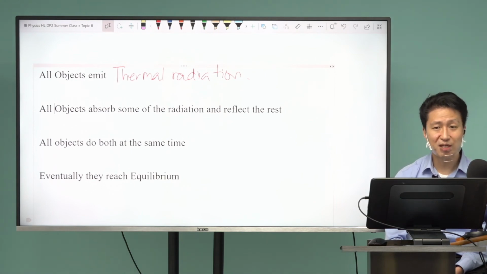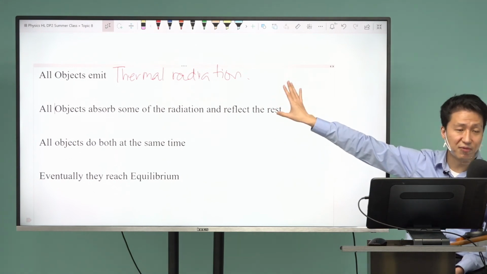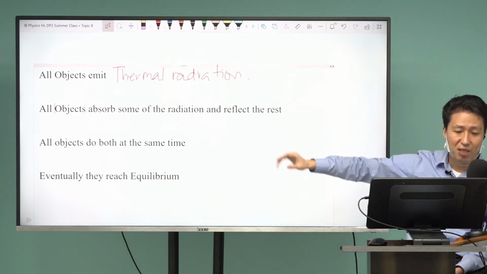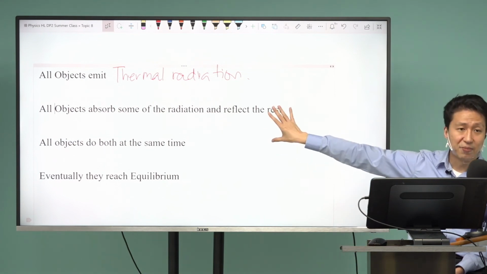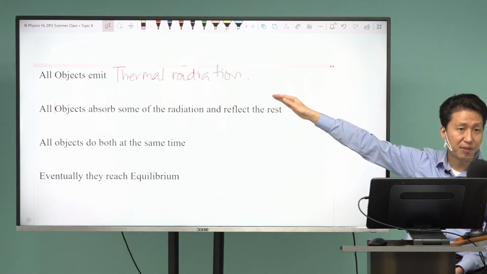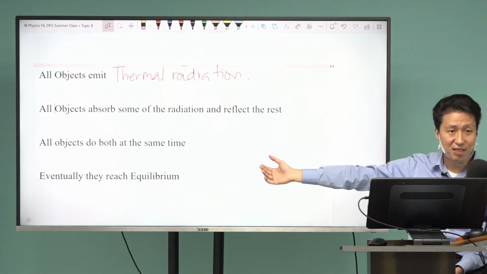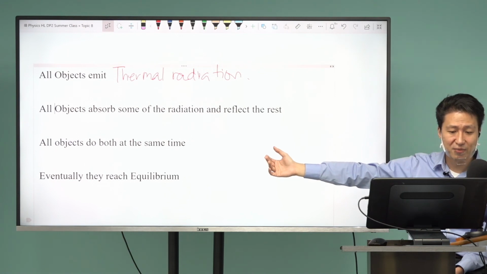They absorb everything except green, which it reflects. That's why they look green. So all objects absorb some of it and reflect some of it, and they do both at the same time, which is the third part. They're always absorbing and reflecting some of it.